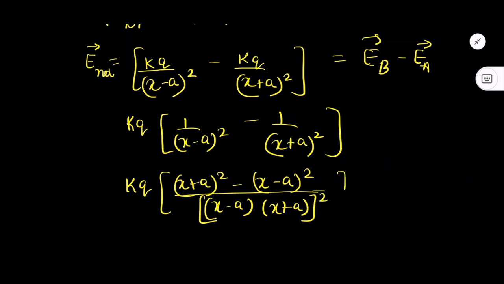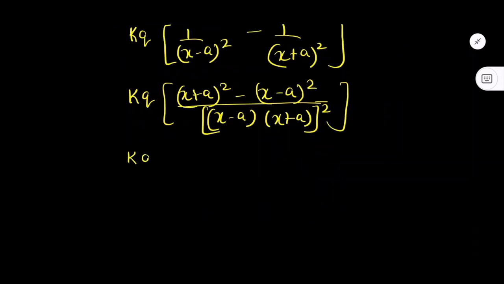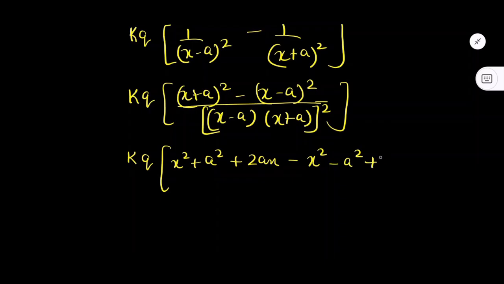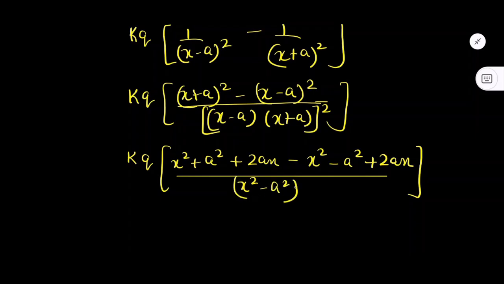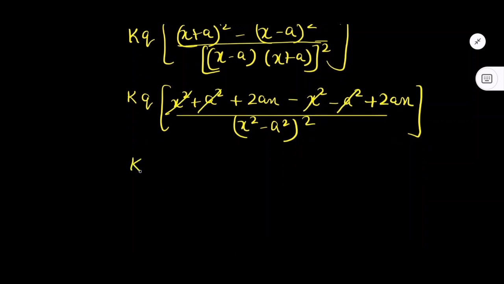We can solve it: kQ upon x square plus a square plus 2ax, similarly x square plus a square minus 2ax. Since we have a negative sign at front, the denominator is (x square minus a square) the whole square. Now these will be cancelled and we are left with kQ upon 4ax.